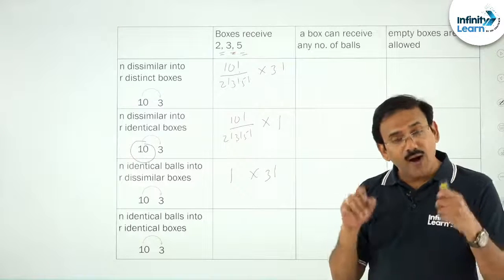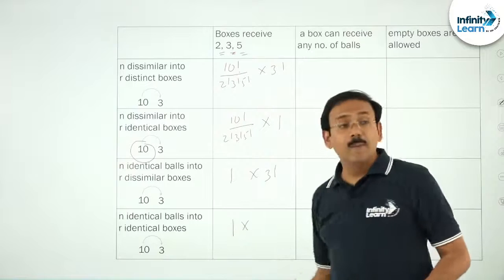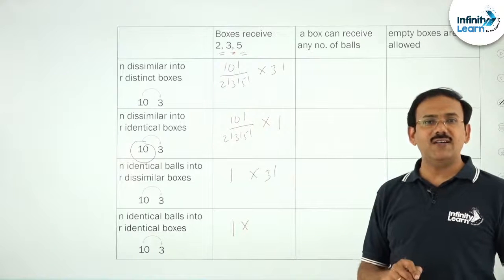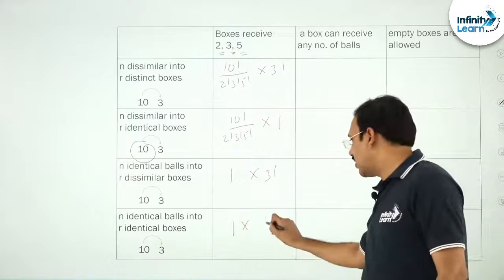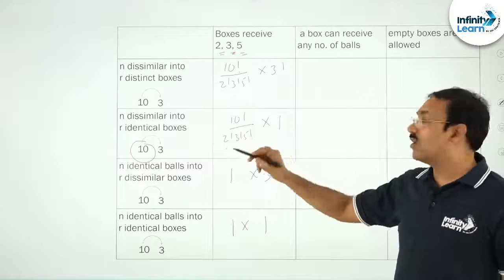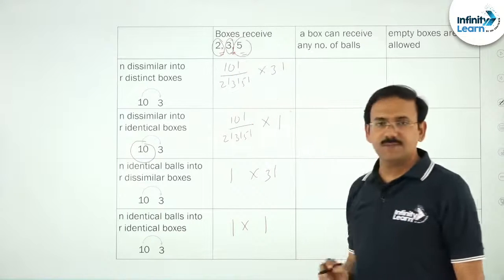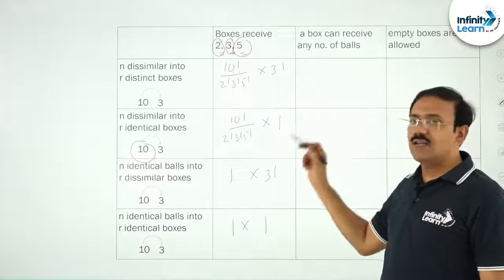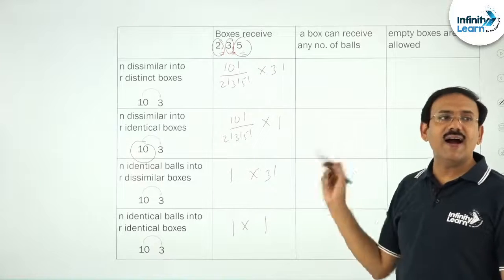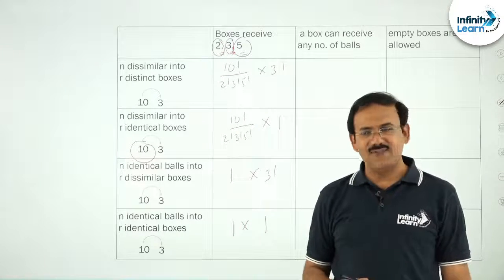Whereas now balls identical, divide them as 2, 3, 5 one way, boxes are also identical, distribution is also one way. Please find the difference between distribution of the items into 2, 3, 5 groups where DD, DI, ID, II. You can easily understand, right dear friends.